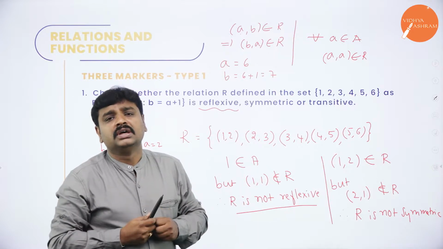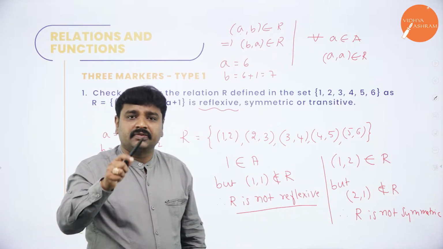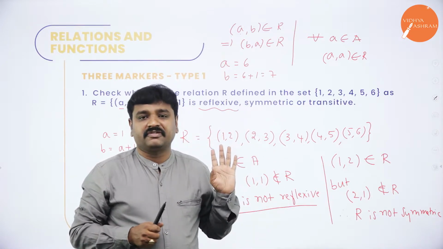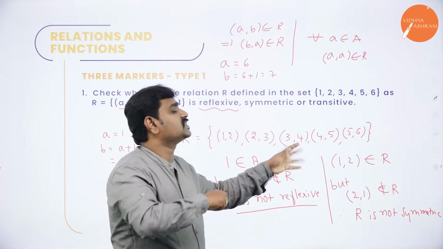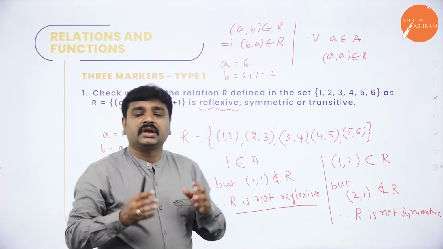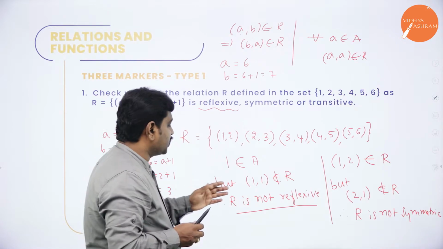Therefore the given relation is not symmetric. I am repeating, if you want to say it is not symmetric, one example is enough. Or you can take (2, 3): (2, 3) belongs to R, but (3, 2) does not belong to R. Therefore it is not symmetric. I hope all of you understood how to say not symmetric and not reflexive.